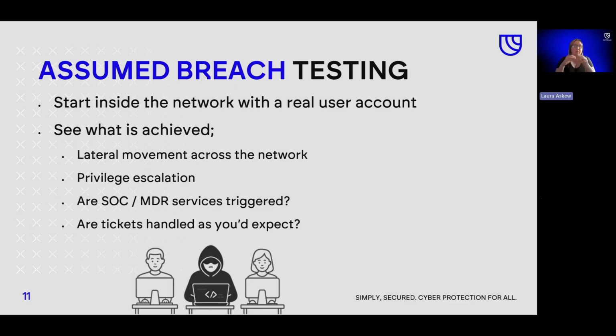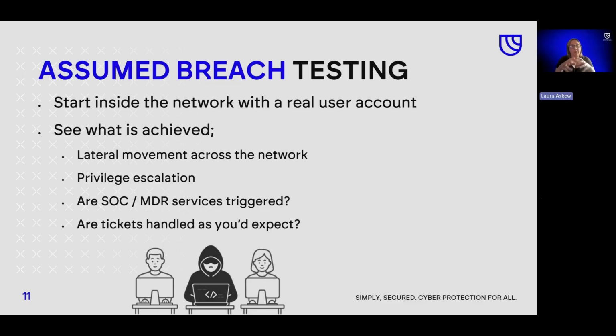So the idea of the assumed breach is, let's assume that somebody's clicked on a link or something's happened, and someone is now in our network, and that might be Bob in accounts, it might be Gina in marketing, it might be whoever. So if we start out on that premise as a standard user, what can we achieve?